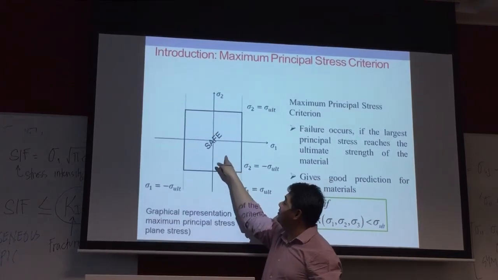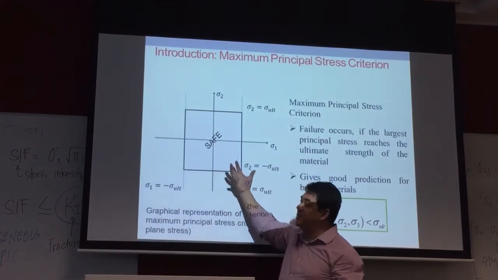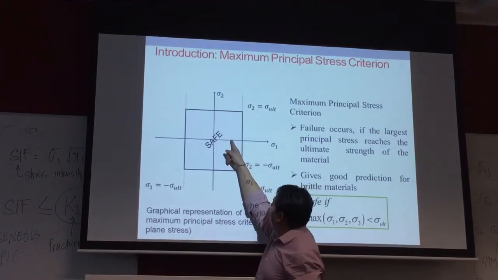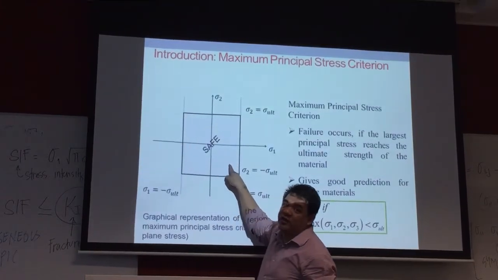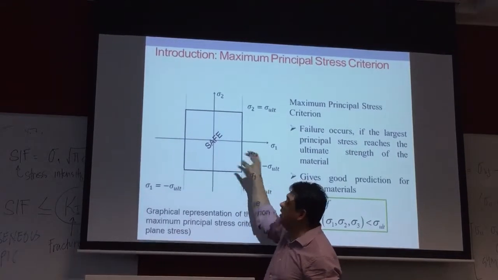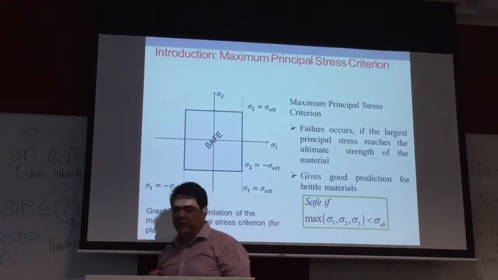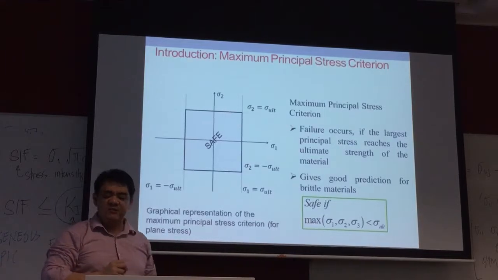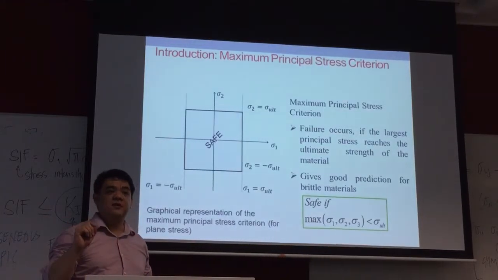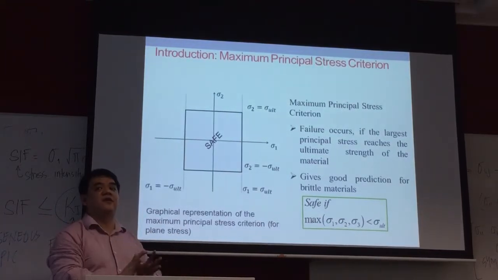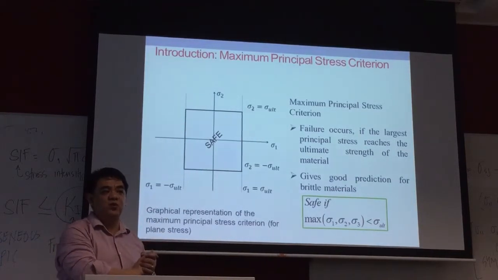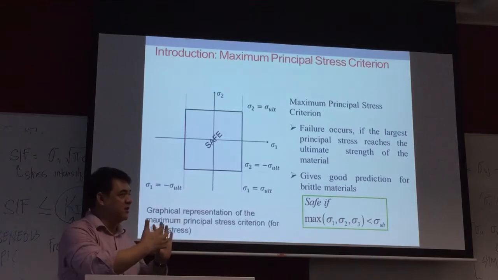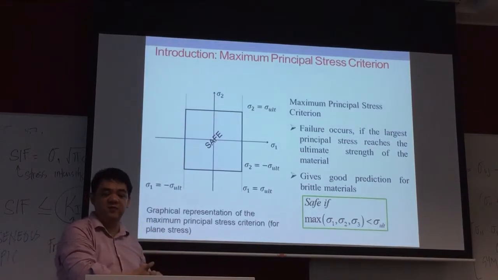If you're somewhere here, then you know you're safe, within the safe region. This one is for the maximum principal stress criterion. Again, we have a lot of failure criteria, so it's up to you to decide which one to use, depending on the type of material and the type of loading you have.